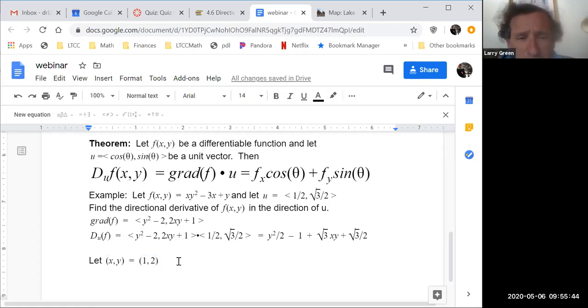And what we want to do is find out in what direction will be the steepest. So if we want to find out what direction, so what unit vector u will the directional derivative be the biggest? How do we do that?